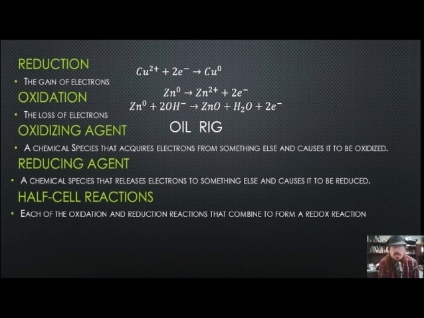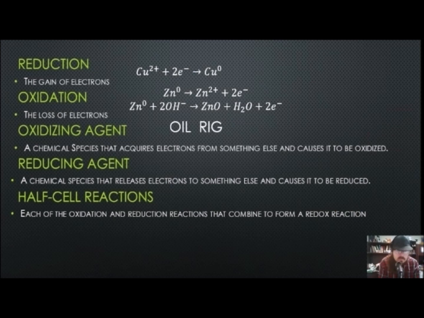An oxidizing agent is simply a chemical species that acquires electrons from somewhere else and thus causes the second species to be oxidized. So an oxidizing agent oxidizes something else. A reducing agent releases those electrons to something else and thus causes that element to be reduced. So a reducing agent reduces something else. A reducing agent gets oxidized. An oxidizing agent gets reduced.